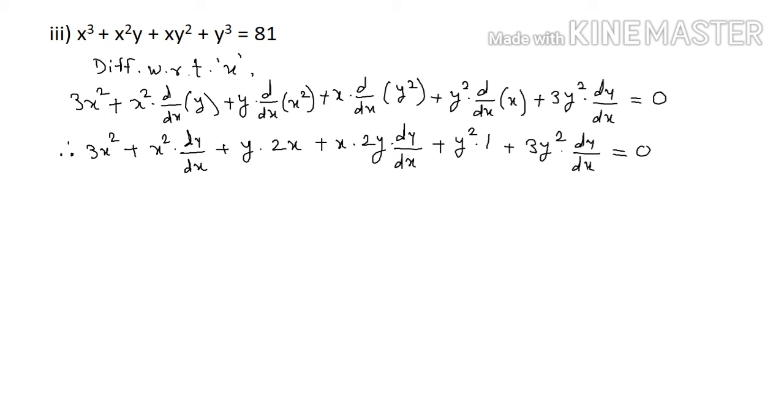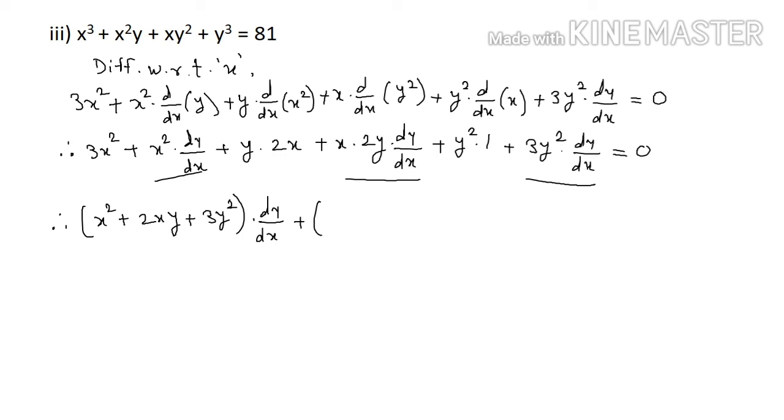Now we have to take all the terms having dy/dx in common in one single bracket. See these three terms, x² dy/dx, x into 2y into dy/dx and 3y² into dy/dx. All these three terms will put in one bracket. So you get (x² + 2xy + 3y²) into dy/dx plus into another bracket.